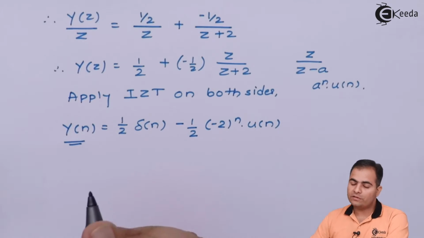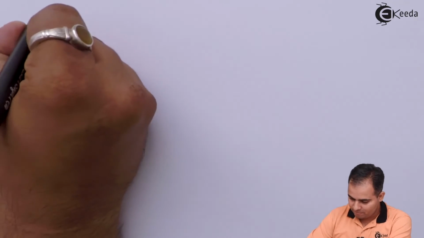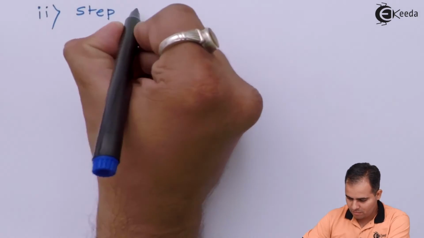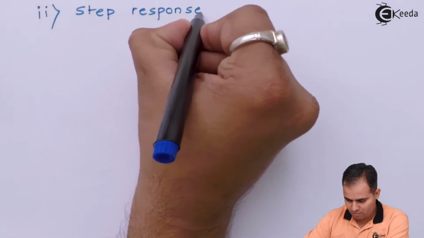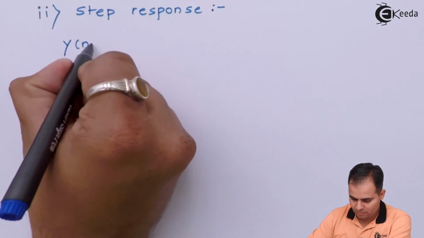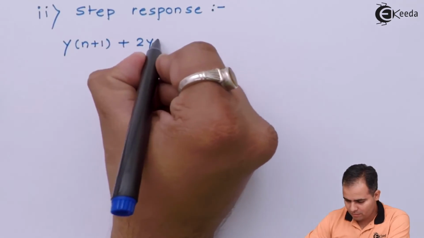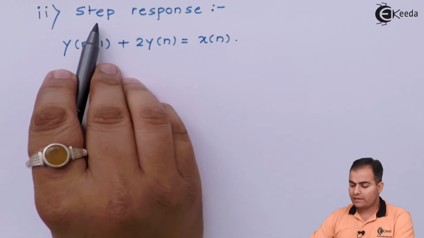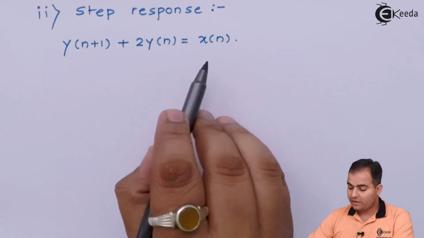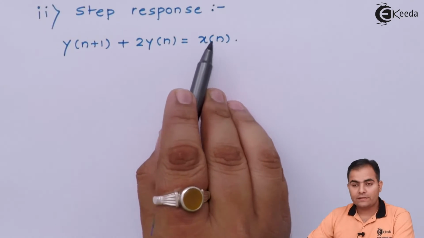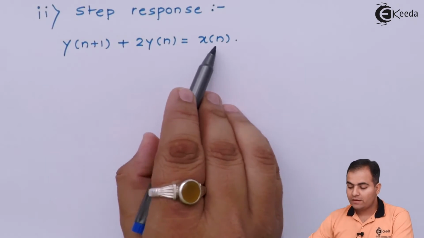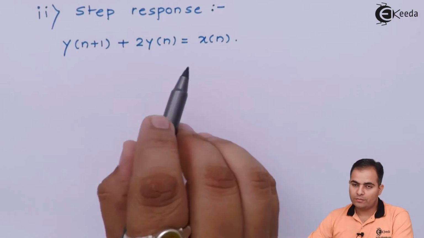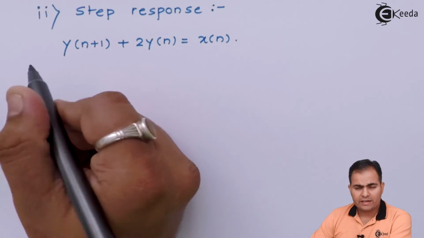Now we will move on to the step response. Now what we want is a step response. So basically we are going to substitute x of n as u of n, and then we will apply a z transform on both sides.